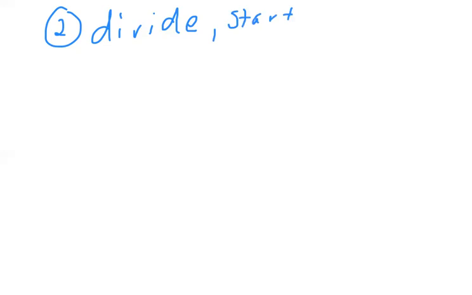All right, guys. So I gave you step 1. I never gave you step 2. So here comes step 2. Step 2, we're going to divide, starting with the largest digit. Okay, so that's step number 2.